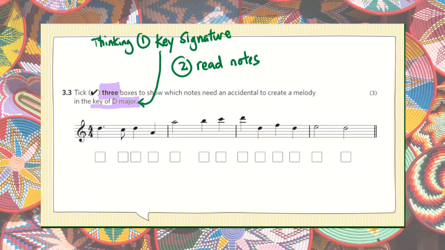And where you are reading the notes, please be very mindful and check if your notes are in the treble clef or bass clef. In this melody, you are given the treble clef. So please be very careful when reading your notes.